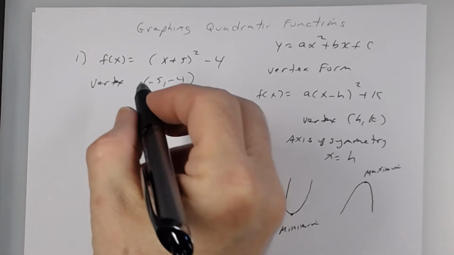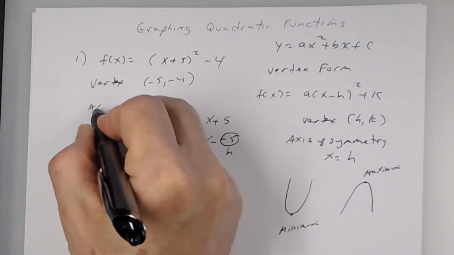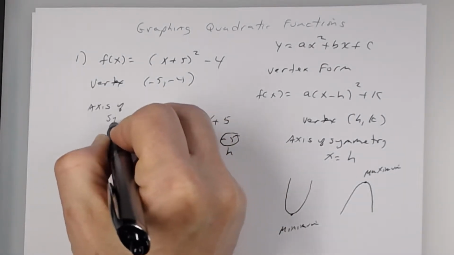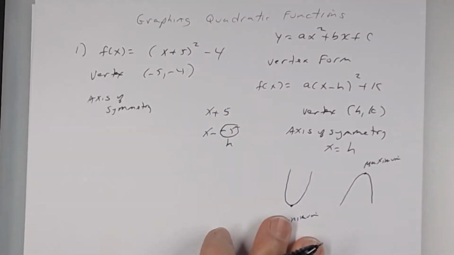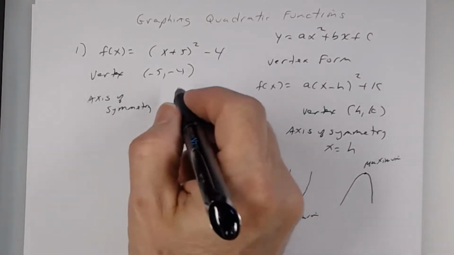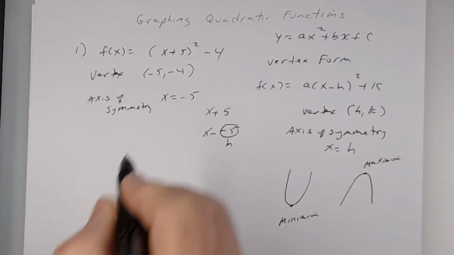Once you find your vertex, you can tell me the axis of symmetry. What's the axis of symmetry? X equal negative 5.